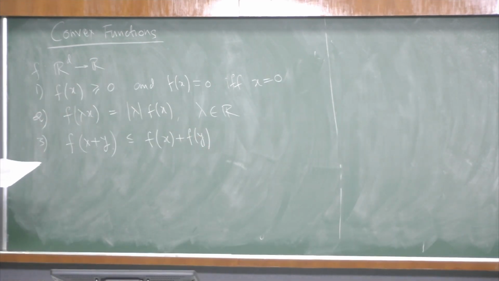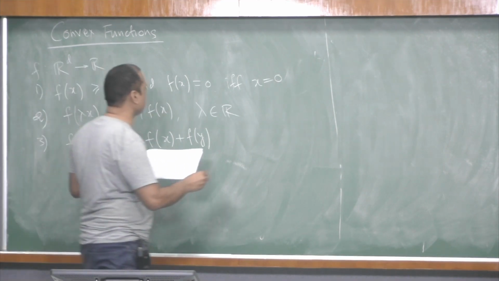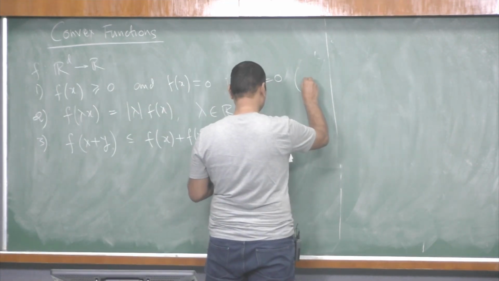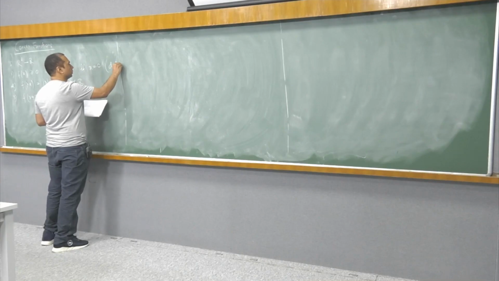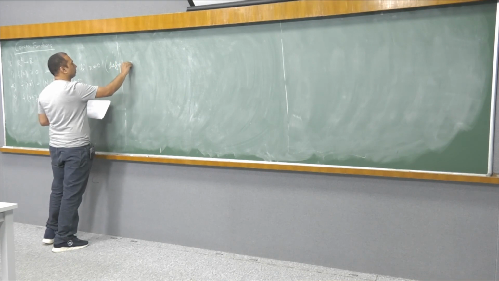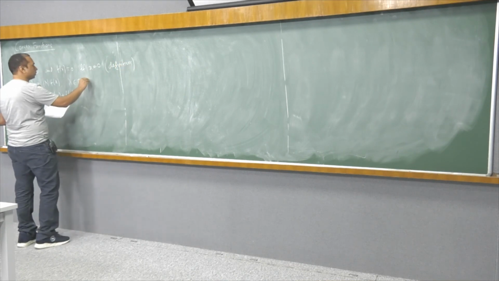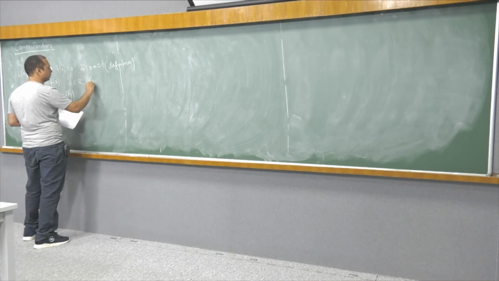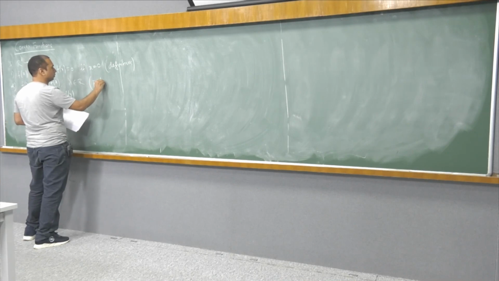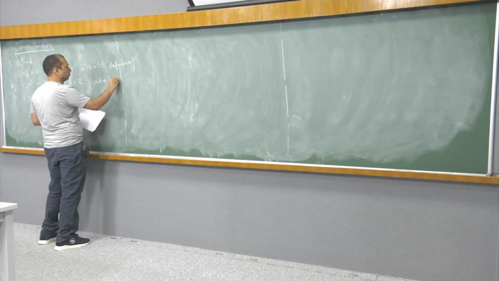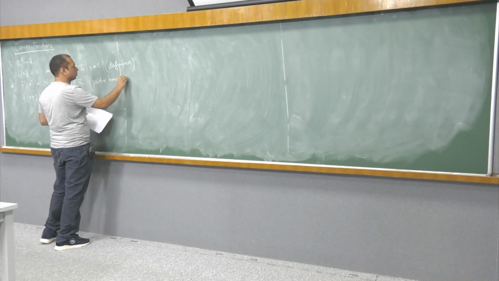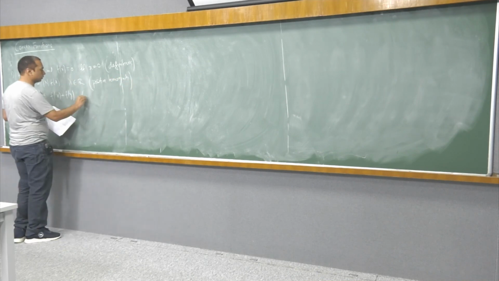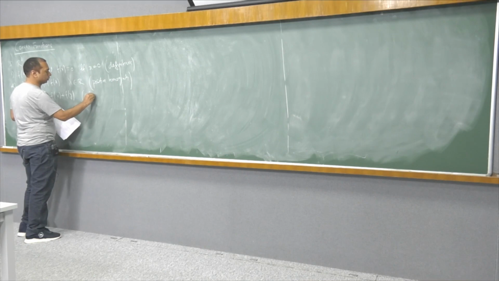So there are names for these. The first is called definiteness. The second one is called positive homogeneity. And the third one is called subadditivity.